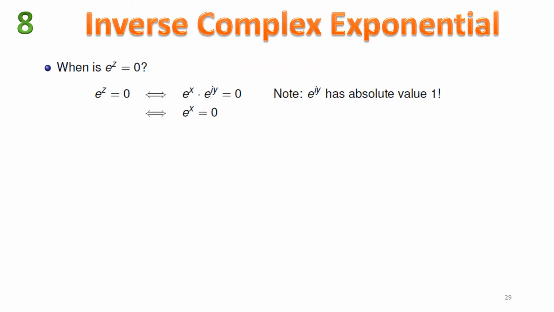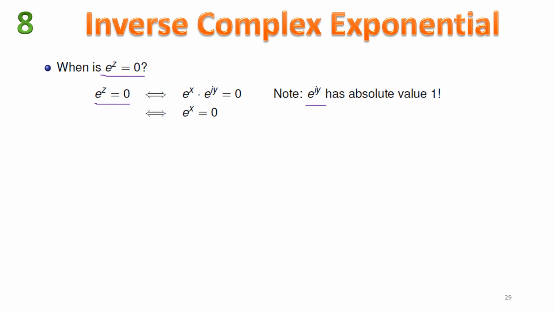Now the question is when e to the z is equal to 0, that we are trying to address. E to the power z is equal to 0 means that e to the x into e to the iy is equal to 0. The product of two numbers is equal to 0 when one of the numbers is 0. Here e to the iy has absolute value 1. We have seen this.